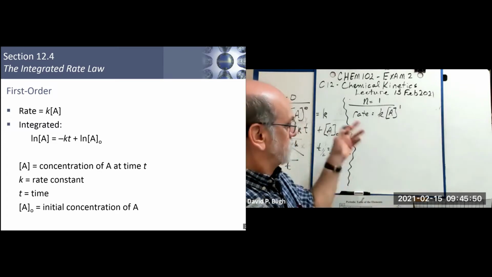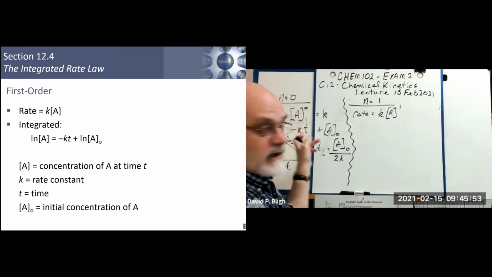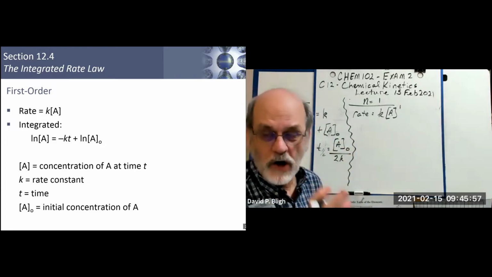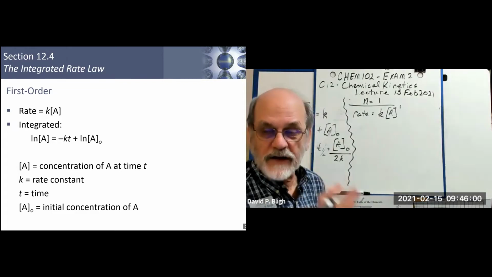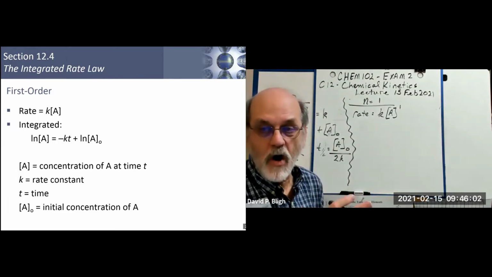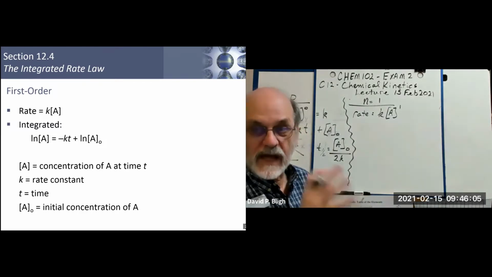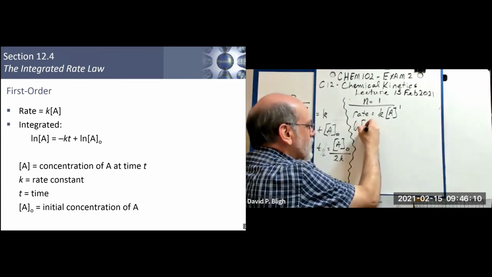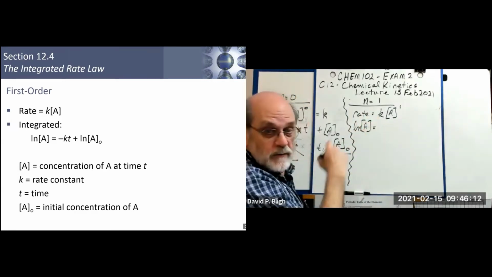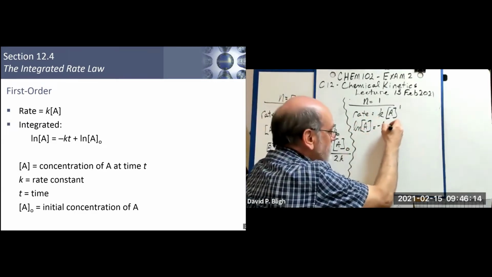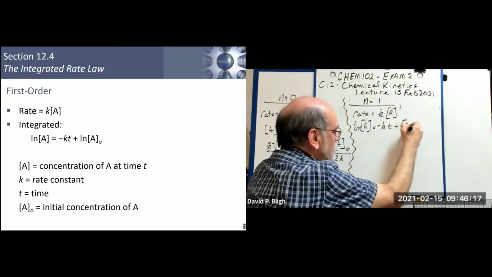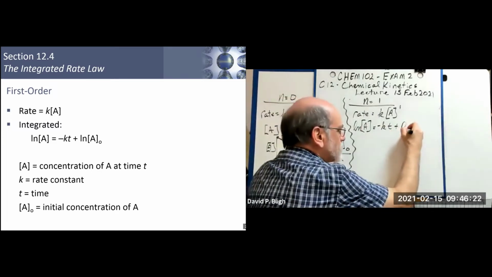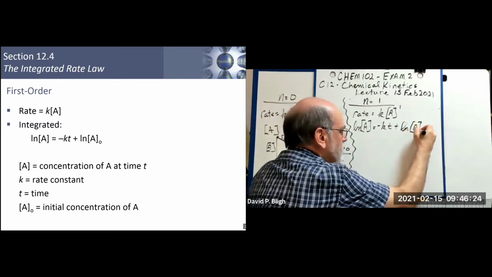Okay, and that's the differential rate law. Now the integrated rate law is a transform. In other words, you take the raw data, the concentrations, and take the natural log of those values and plot them. And this is what you get. The natural log of A is equal to negative KT plus the natural log of A 0.